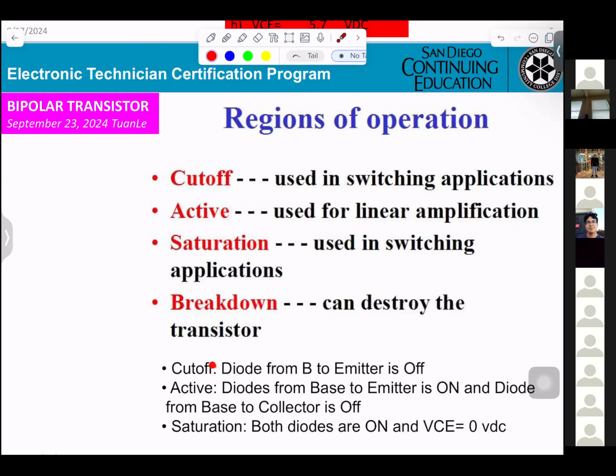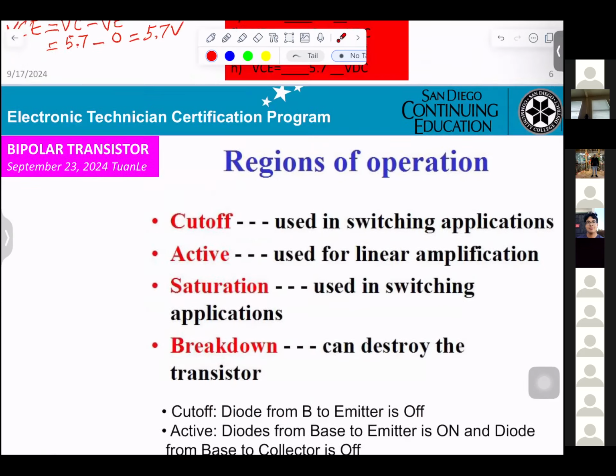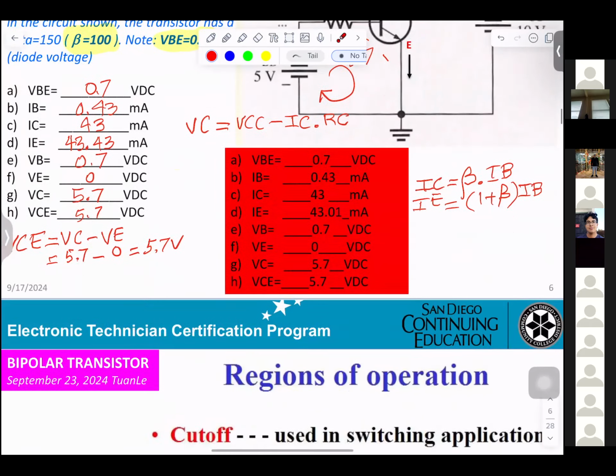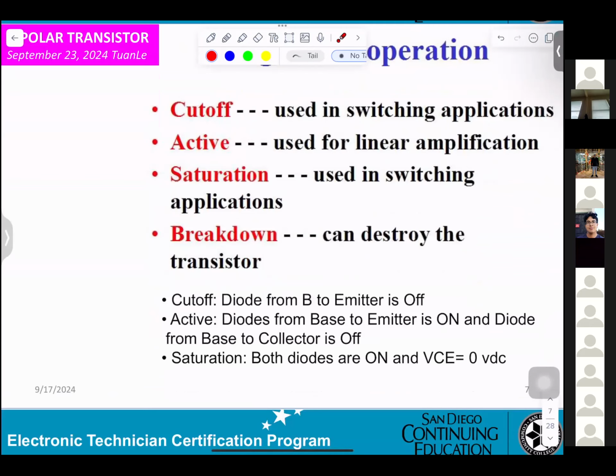Cut off: the diode from base B to emitter E is off. You have the diode here. If it is off, no current flows. If no current IB, no current here. Active: the diode from the base to the emitter is on, and the diode from base to collector is off.